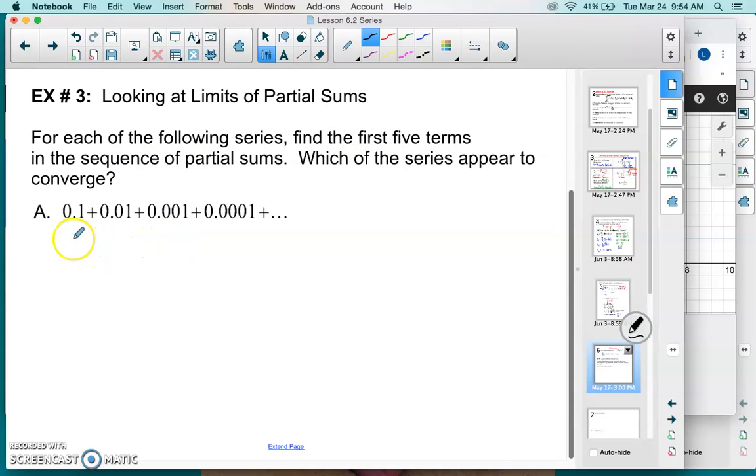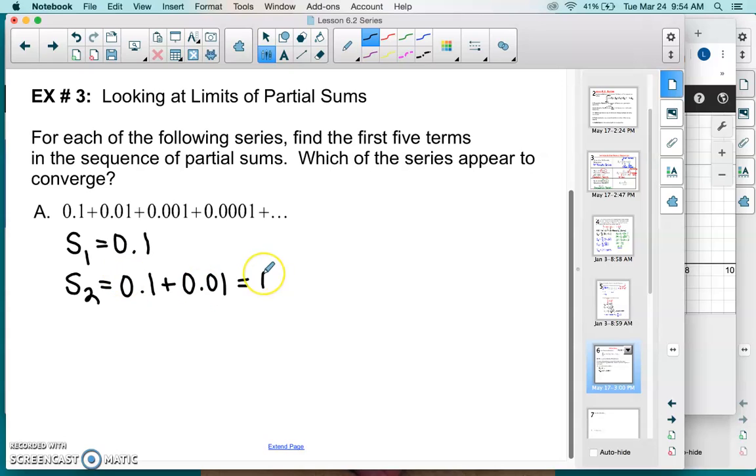What that means is they want us to find the sum of the first term, which is just the first term, so that's weird. The sum of the first 2 terms, which means take the first 2 terms and add them, which would be 0.11. The sum of the first 3 terms, sum of the first 4 terms, and so on. Sum of the first 5 terms.